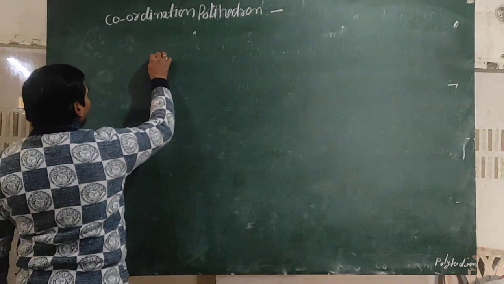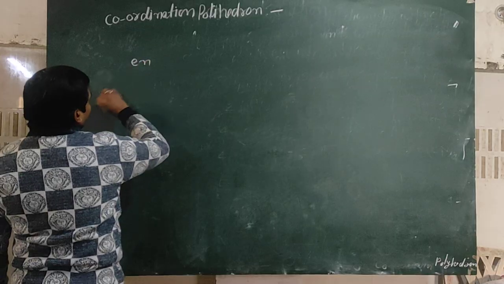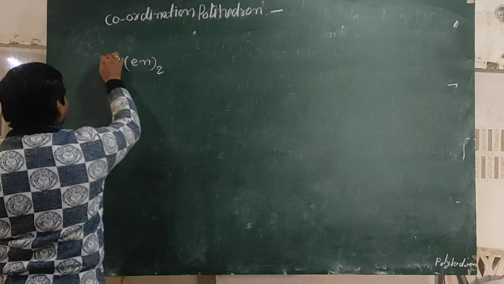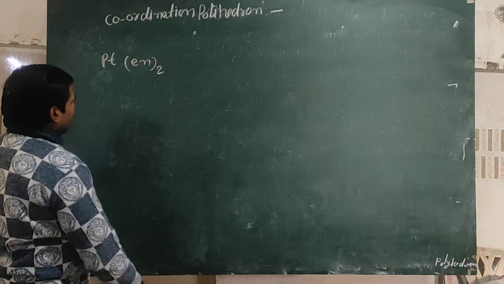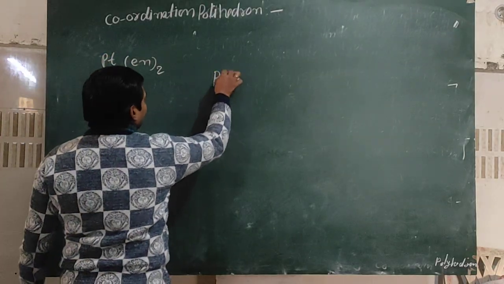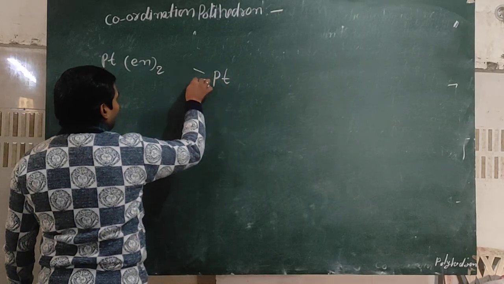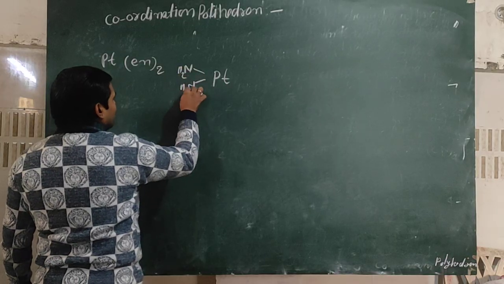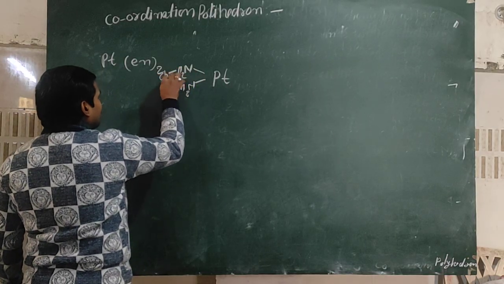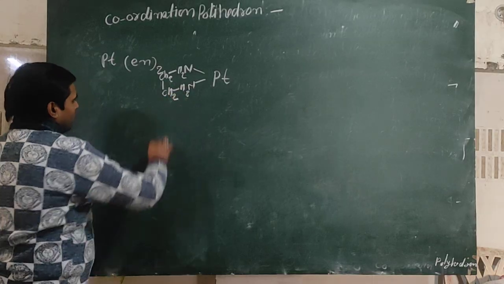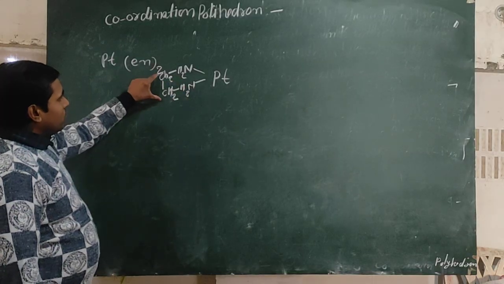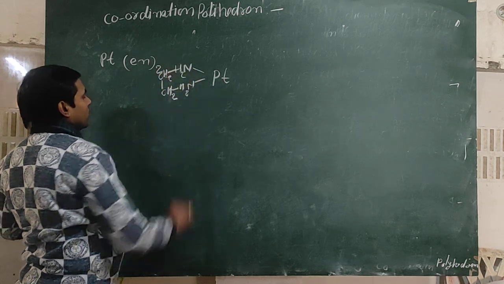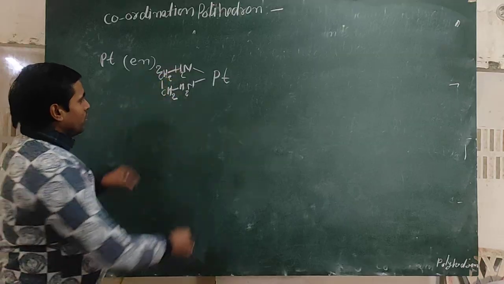Like if en twice attach with platinum, it means ethylene diamine, like NH2 which is directly attached with methylene group, and 2 methylene groups contain 2 NH2 groups in their structure, and its name is ethylene diamine.